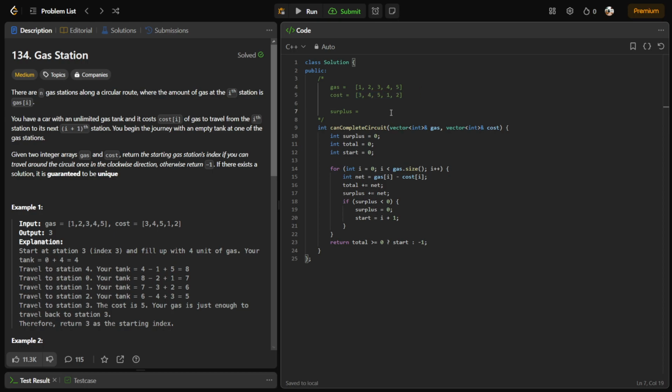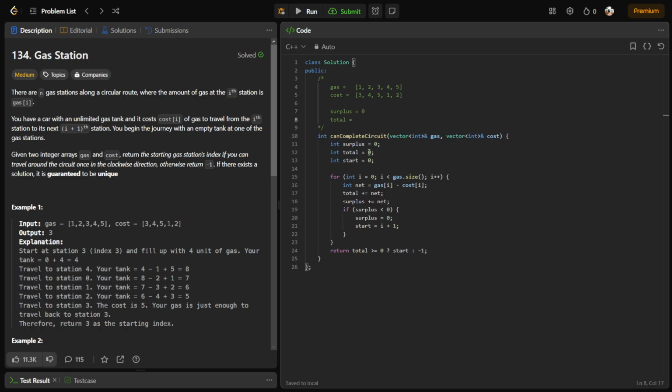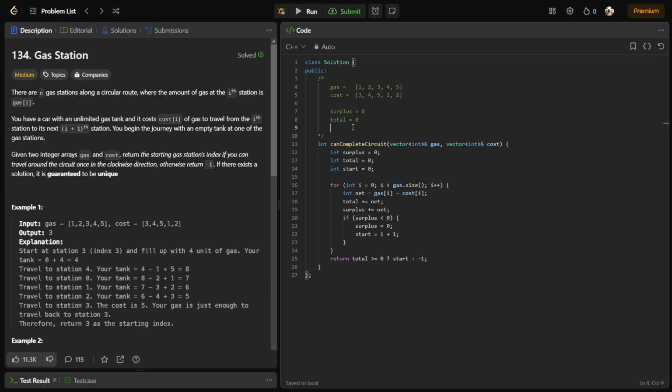Surplus in this instance is 0. Total is the one we will check to see whether or not we can complete the circuit, so total includes all of the surplus. For now it starts at 0. And start is the starting index that we will return, which starts at 0 as well.